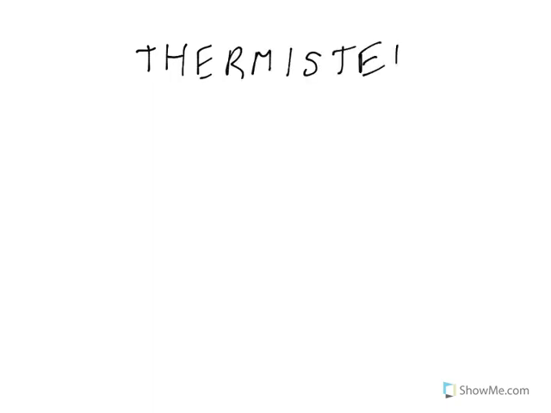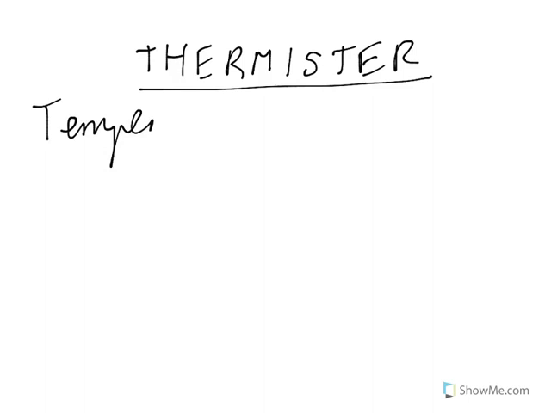Alright, so let's have a look at some other input transducers, and the next one is a thing called a thermistor, and it's an input transducer. And the thing with a thermistor, and the therm part, it has to do with temperature.